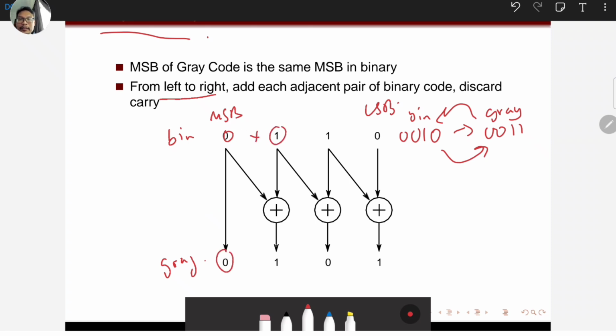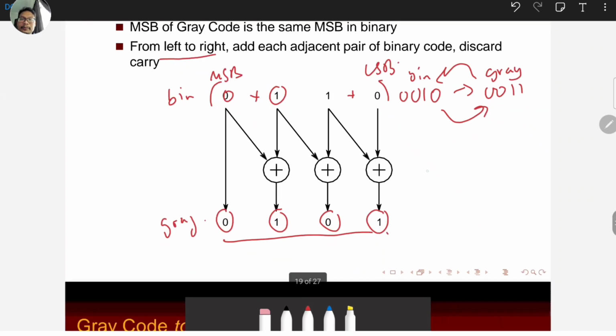So this plus this equals 1. 1 plus 1 is actually 0. Then we have a carry of 1, and the sum is 0. And 1 plus 0 equals 1. So this is your equivalent gray code for this particular binary. We'll see more examples later on.